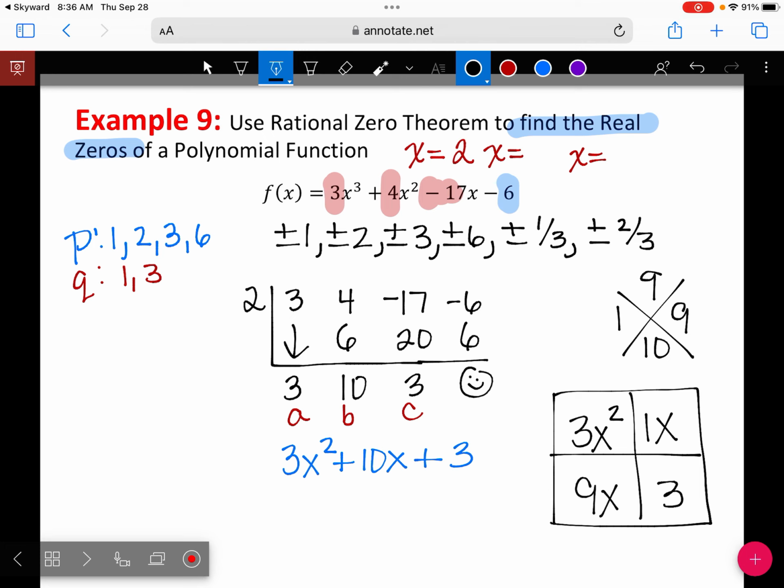Factor it and get your last two solutions. So your last two factors will be 3x plus 1 and x plus 3.